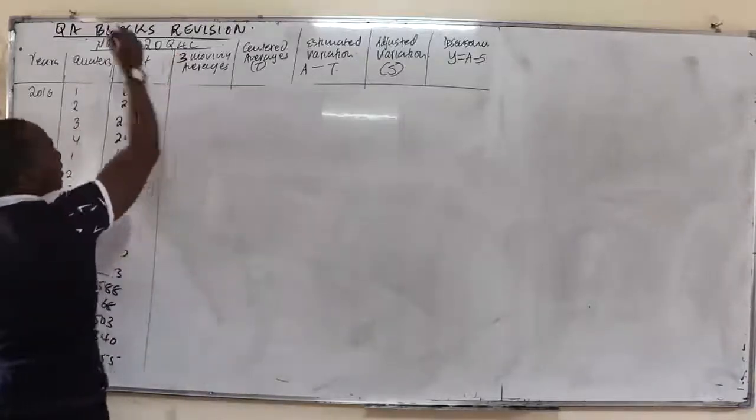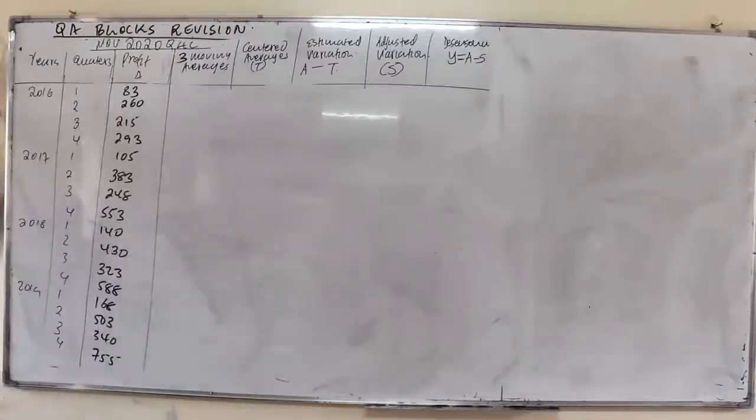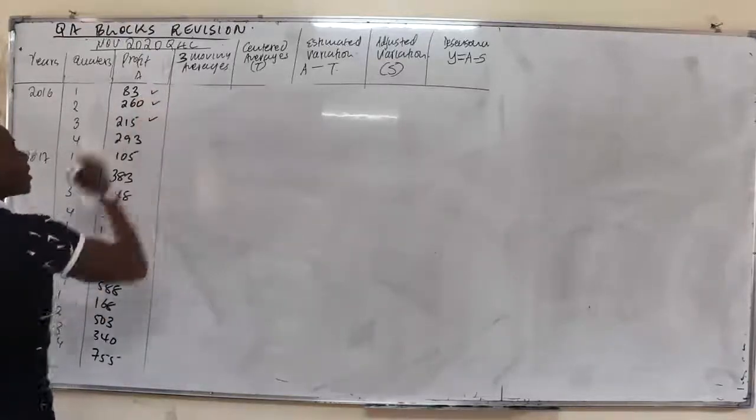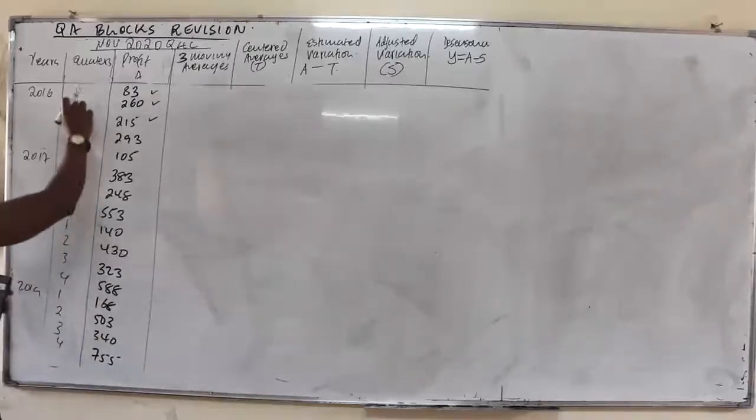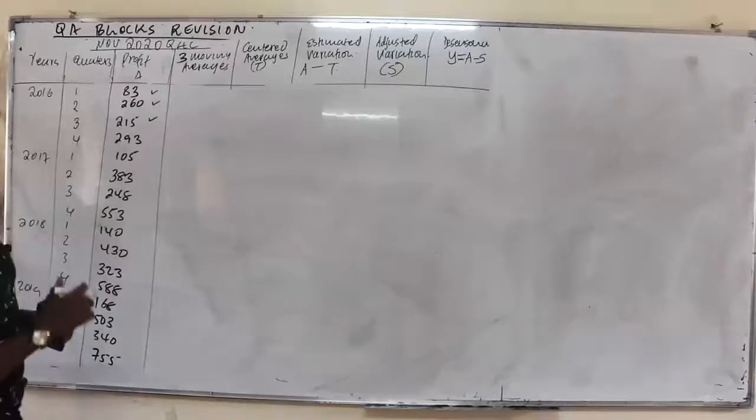So you get 3 moving averages. We see that when getting the 3 moving averages, you just take the first 3, then you get the average. So let's do that. 83 plus 260 plus 215. What you get, then you get the average by dividing by 3. Then once you get the average, 1, 2, 3. Where is the middle point?